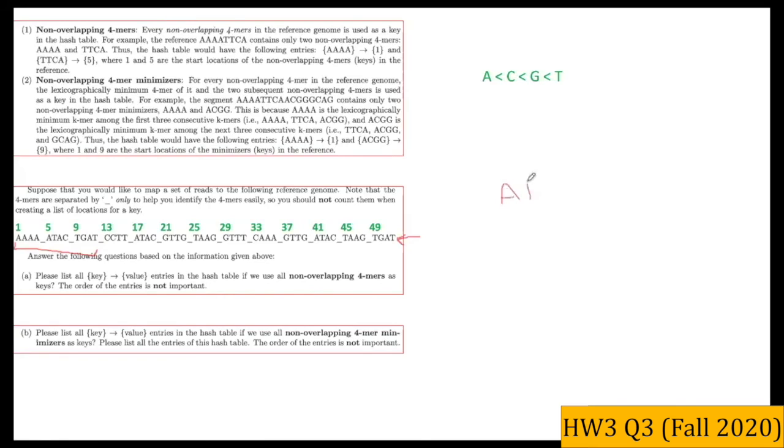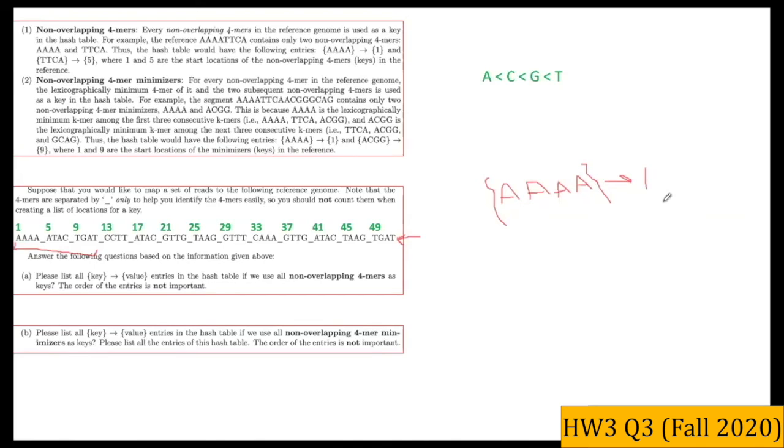So we store it here, 4 A's, and we also store the location of 1. Now we cannot search whether these 4 characters exist anywhere else and then append the start location in the hash table. Why is that?